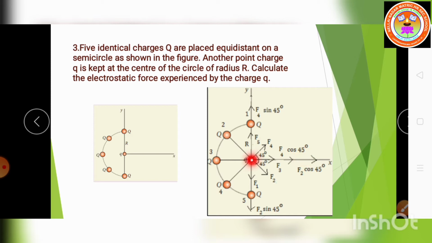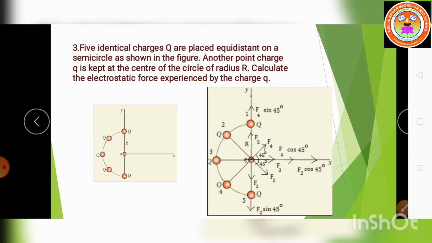Why is it outward? Already you know positive, positive repulsion, again positive, positive repulsion. So it is moving in an outward direction. Again here, positive, positive repulsion. So F4 is outward. Again positive, positive repulsion. So F5 is moving outward.